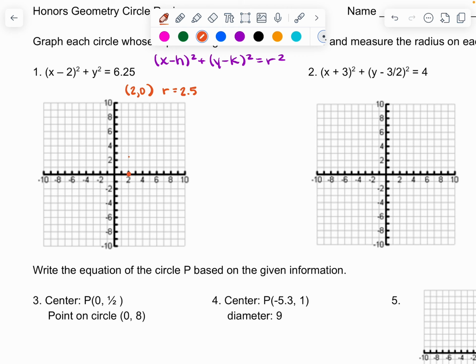So I'm just going to go up 2.5 and right 2.5 and then down 2.5 and then left. All right, and then just draw the best circle you can with your boundary points. That's a little bit better. Good enough. Doesn't have to be perfect.